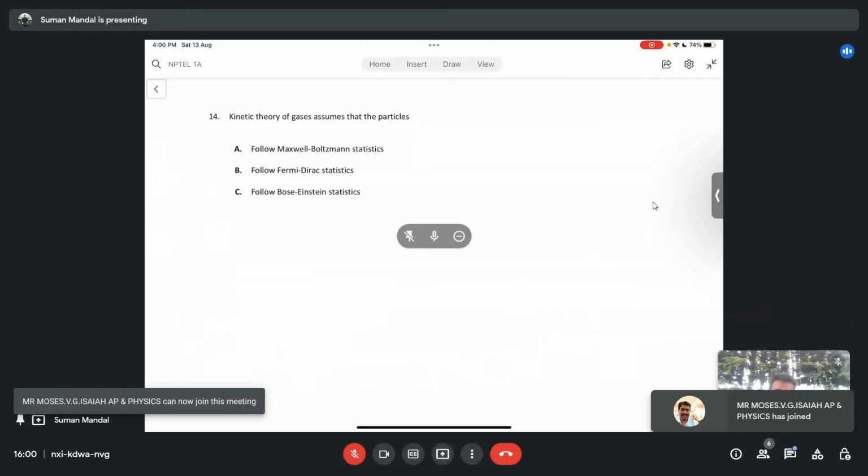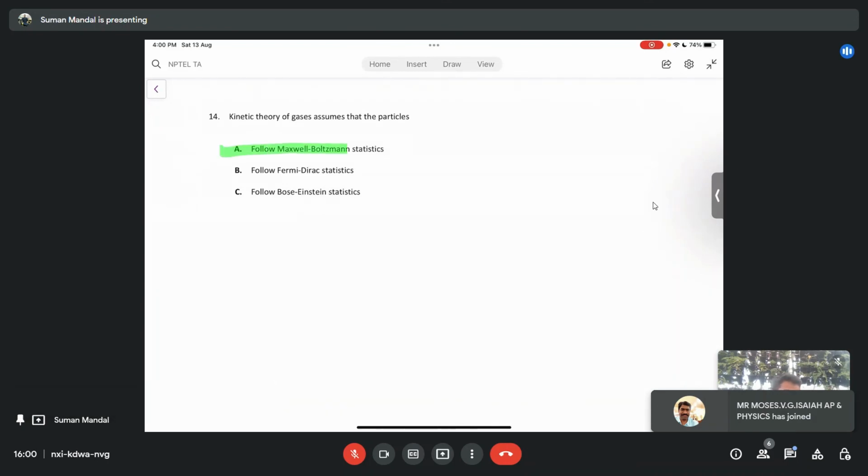Fermi-Dirac? No. Till now we have considered only the Maxwell-Boltzmann statistics. Yes, Tamagna is right, it's the Maxwell-Boltzmann statistics.